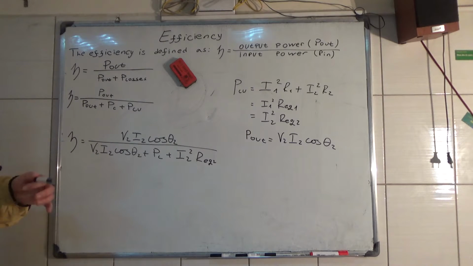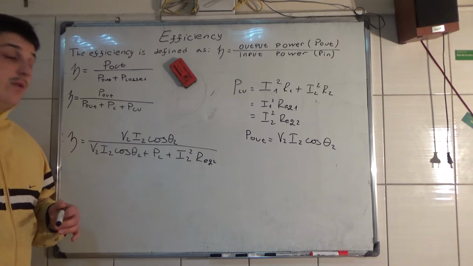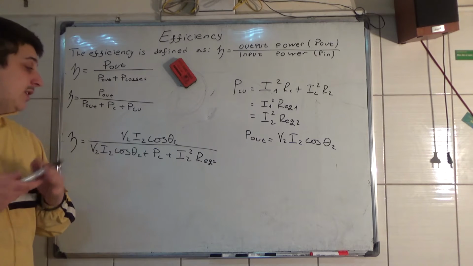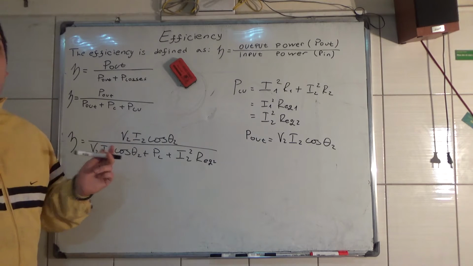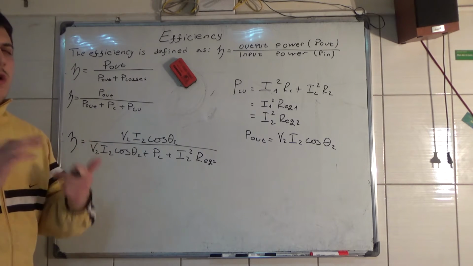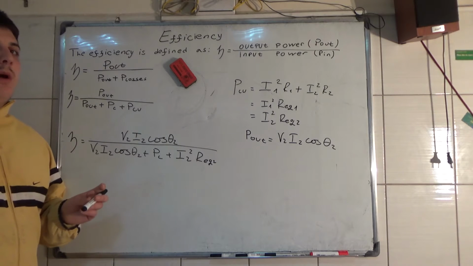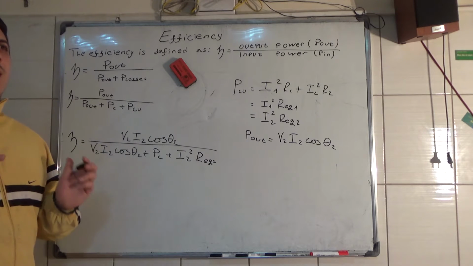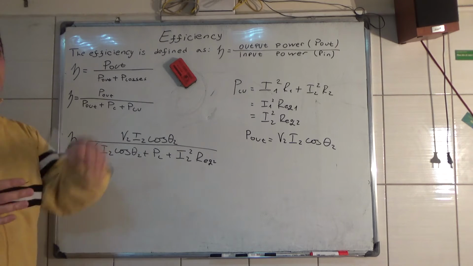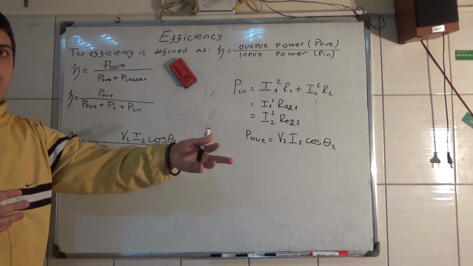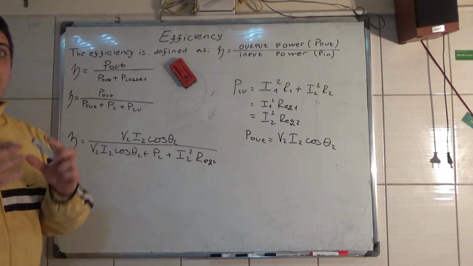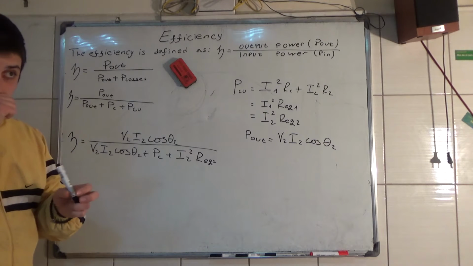Now, in my previous two videos, we showed that this V2 can go up and down, but usually it's a constant. It doesn't go very much up and down. It's usually a constant value on the secondary, and the load terminal voltage is usually constant.